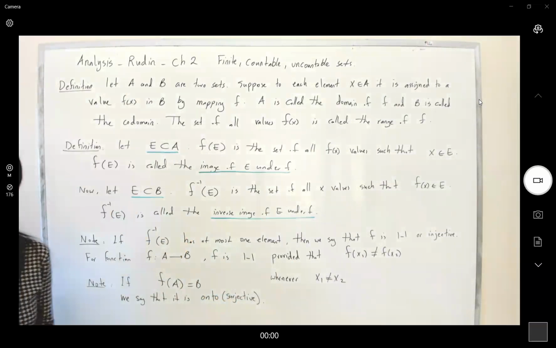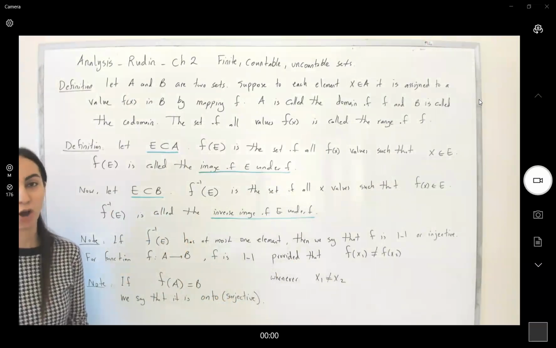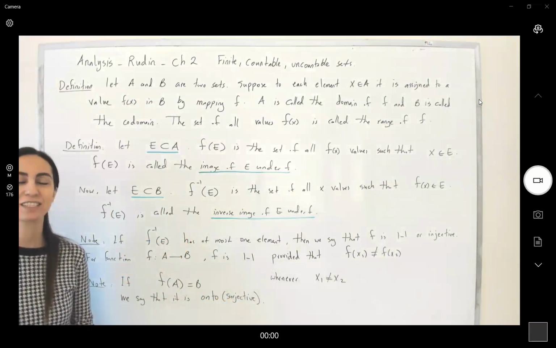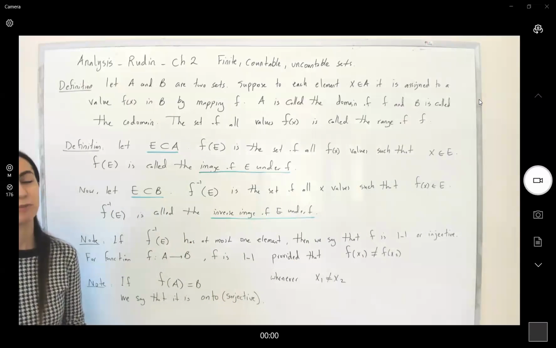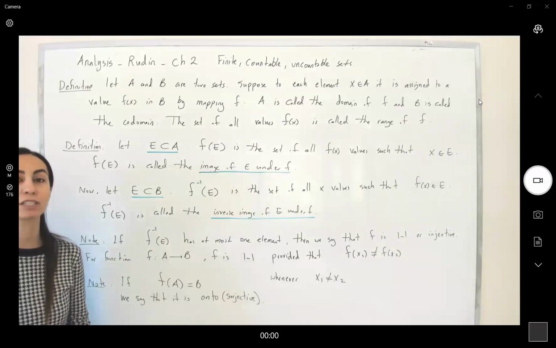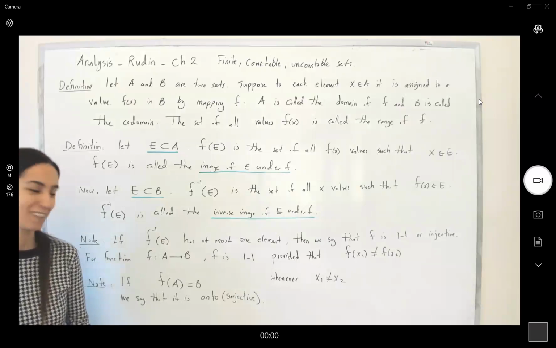If a function is one-to-one and onto, or when it's injective and surjective, it means that we have a one-to-one correspondence between two sets.